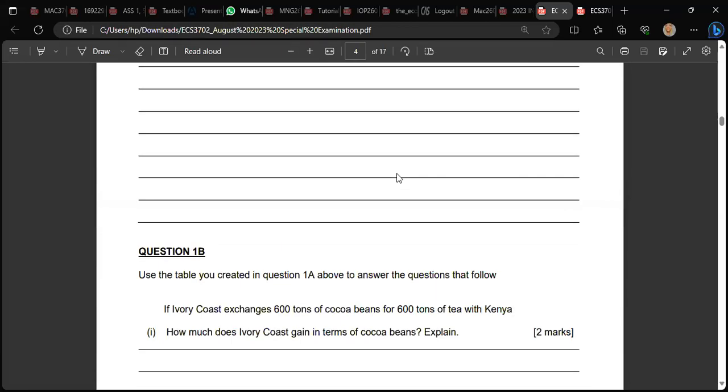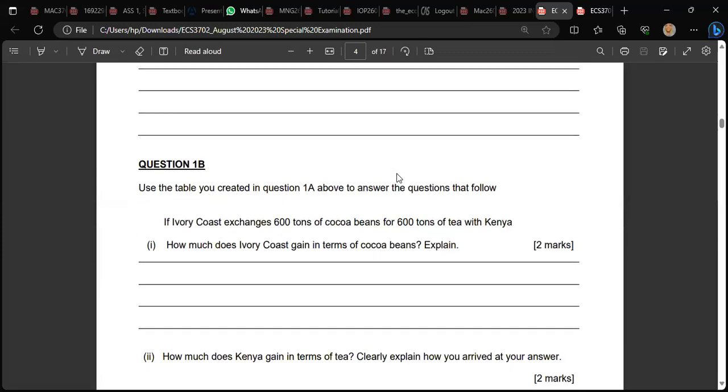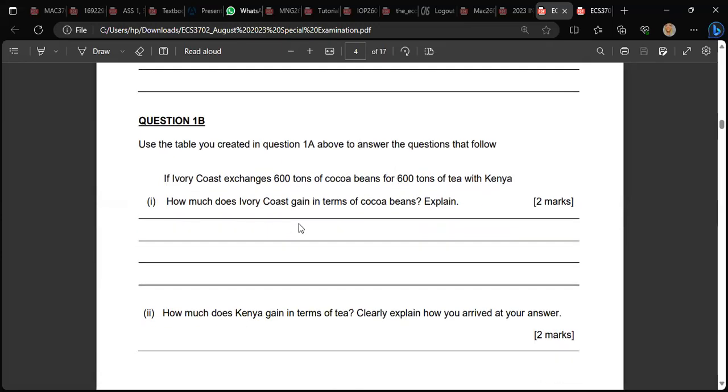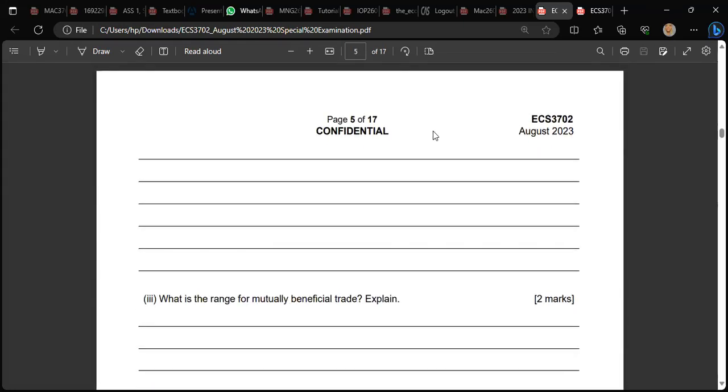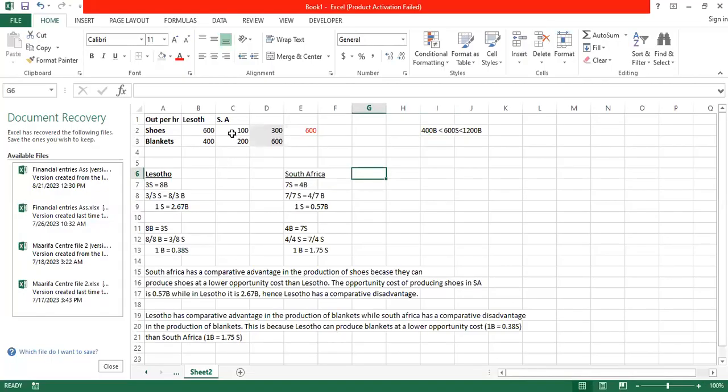All right. And then B was, we're supposed to use that table. Then how much does Ivory Coast gain in terms of cocoa beans? So it's still the same thing that we're doing. In conclusion, sometimes where it gets tricky, like in SA here, they were asking us how much does SA gain in terms of shoes. That's what they were basically asking us.